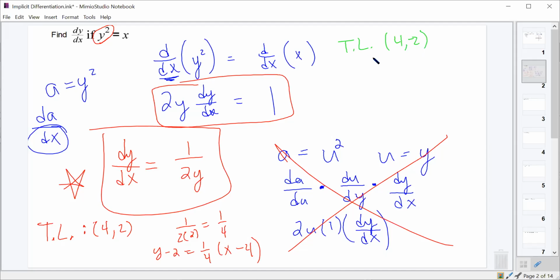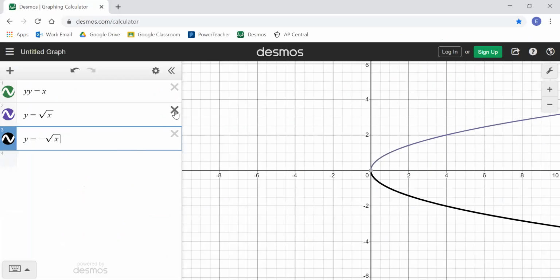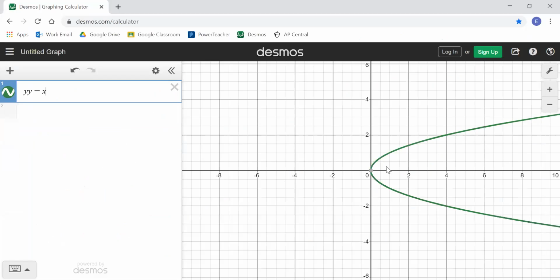Then what should our slope be? -1/4. And we should get y plus 2 equals -1/4 times x minus 4. And we should see, if we graph these, that this derivative works for any point on here, not just for the top half or for the bottom half, right? Because 4, 2 and 4, -2 are on the two separate halves of it.